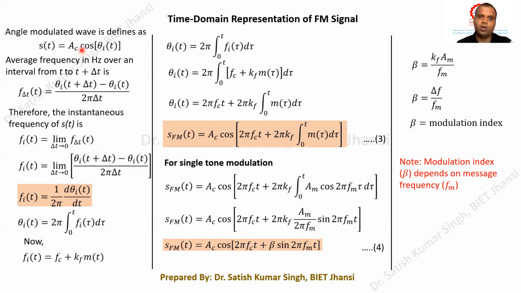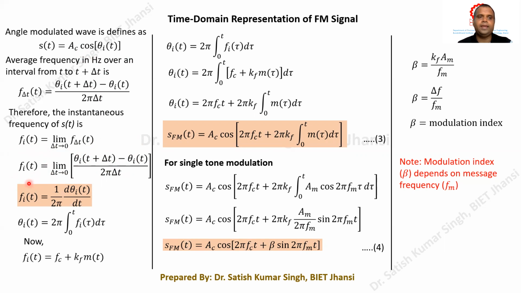Substituting this limit, theta i(t plus delta t) minus theta i(t) divided by delta t is the definition of the derivative, the time derivative of theta i(t). This is the basic expression for differentiation.